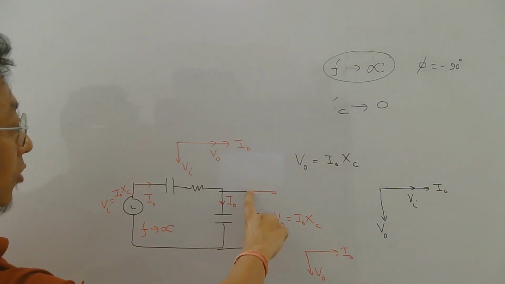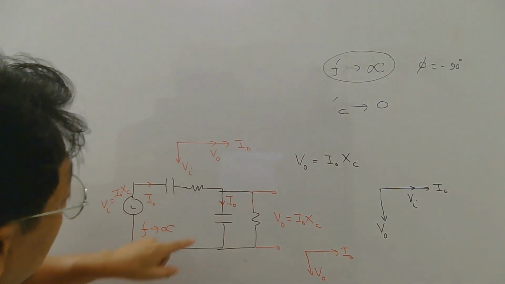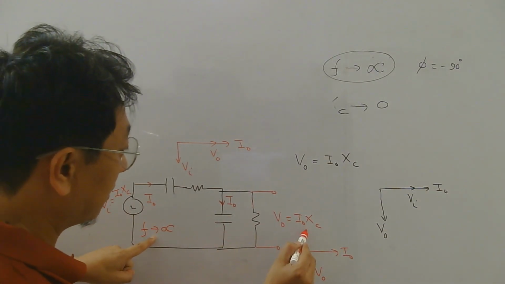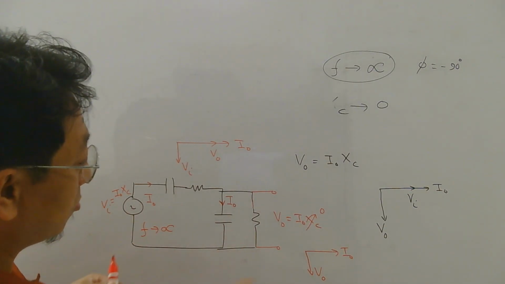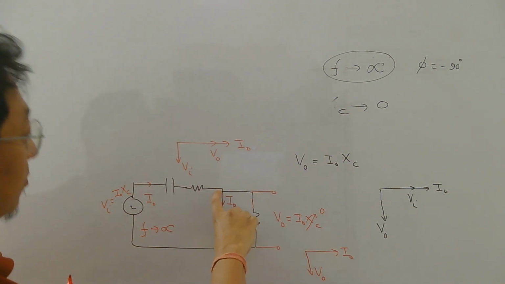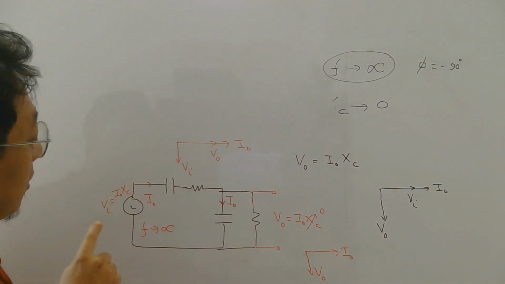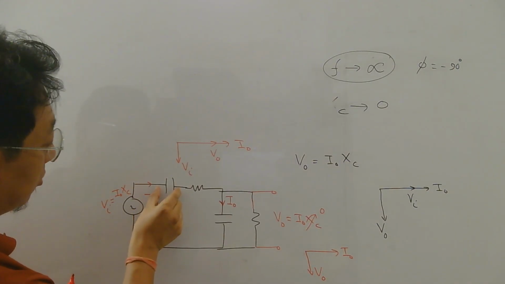But still this output voltage is very small, because your capacitive reactance at very high frequency is almost 0. So this output voltage is very small. And because this reactance is also very small, this voltage is also very small.